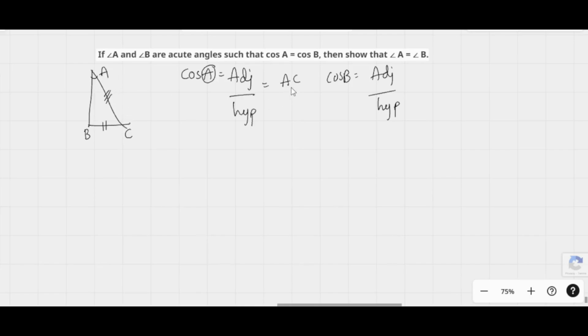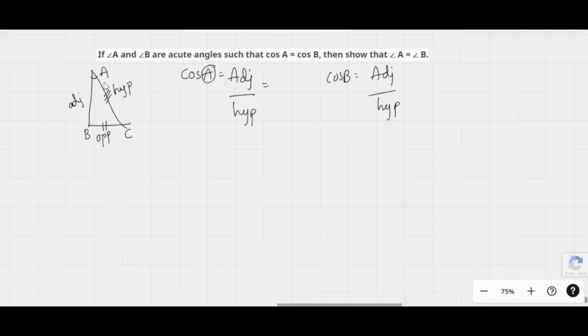I'm confusing you. AB is the hypotenuse here, and for a right angle triangle the hypotenuse is constant, standard, we can't change it. So for this angle A, BC will be the opposite and AB will be the adjacent.